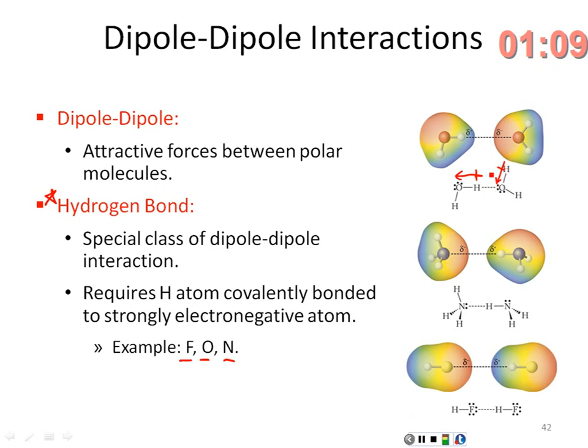So the negative dipole of one water molecule can interact with the positive dipole of another water molecule, and that creates what's known as a hydrogen bond. And you see that you have that same case for NH3 and HF.